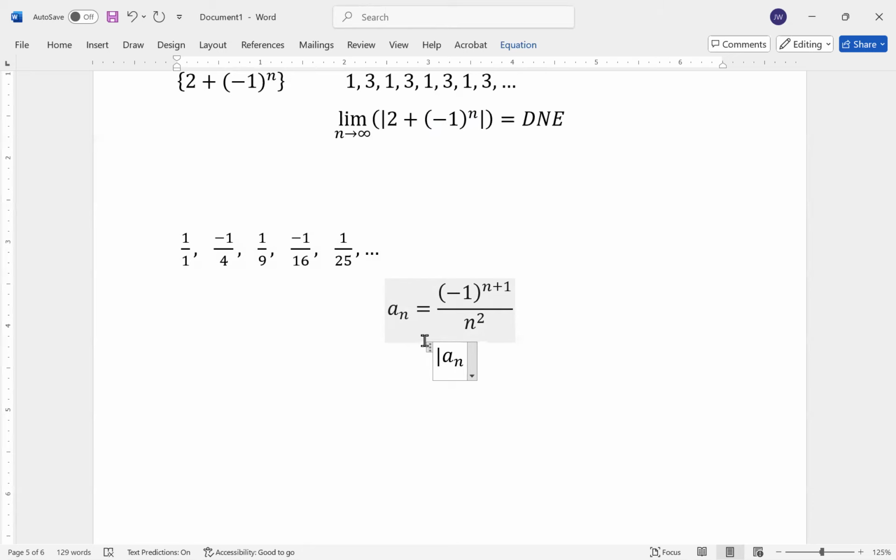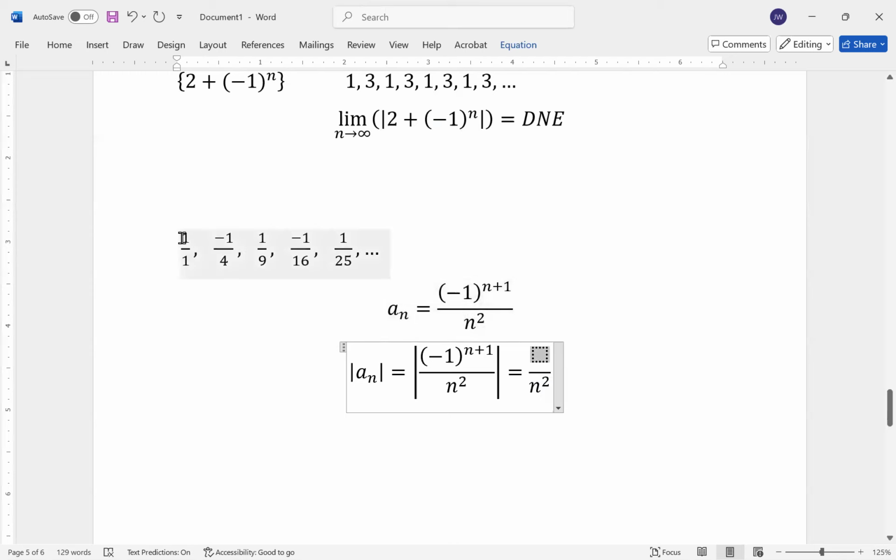So absolute value of a sub n, that is going to be the absolute value of this expression, -1 raised to the n plus 1 power divided by n squared. Now, if you recall, n is always a positive integer. So the absolute value of n squared is just n squared, since n is always positive.